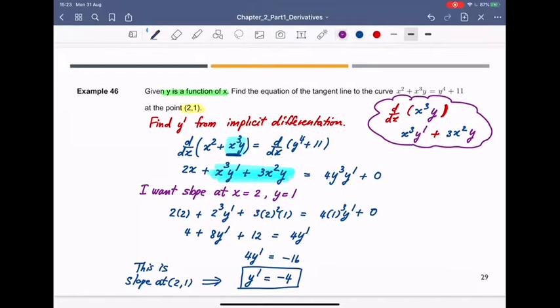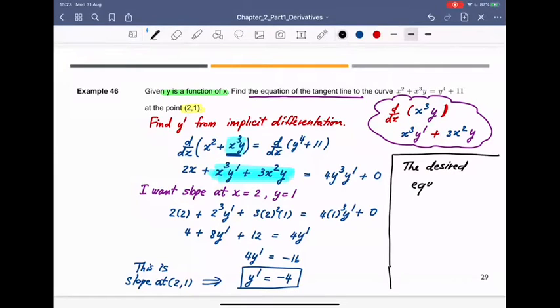The question asks you for the equation of the tangent line, so you need to give the equation at the end. Remember the formula I gave you last week: y minus y naught equals m times x minus x naught. This is the one you can use when you want to find the equation of a line.